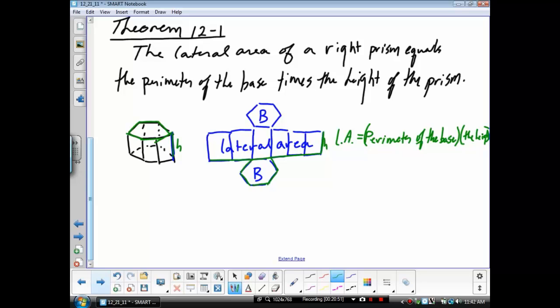Now when you're working with the prism, your lateral edge is the same length as your height. The height is the lateral edge length. So your lateral area put into variables is P times H, where P is the perimeter of the base and H is the height of the prism. Lateral area will be the perimeter of the base times the height of the prism.